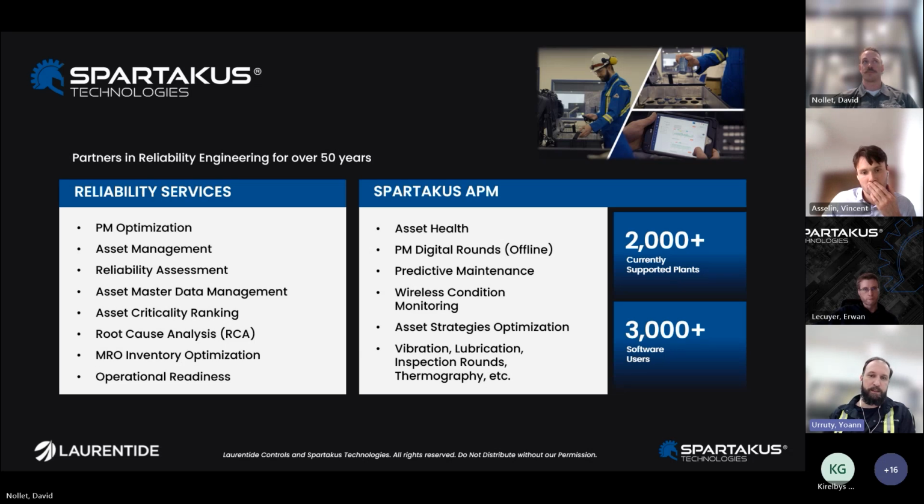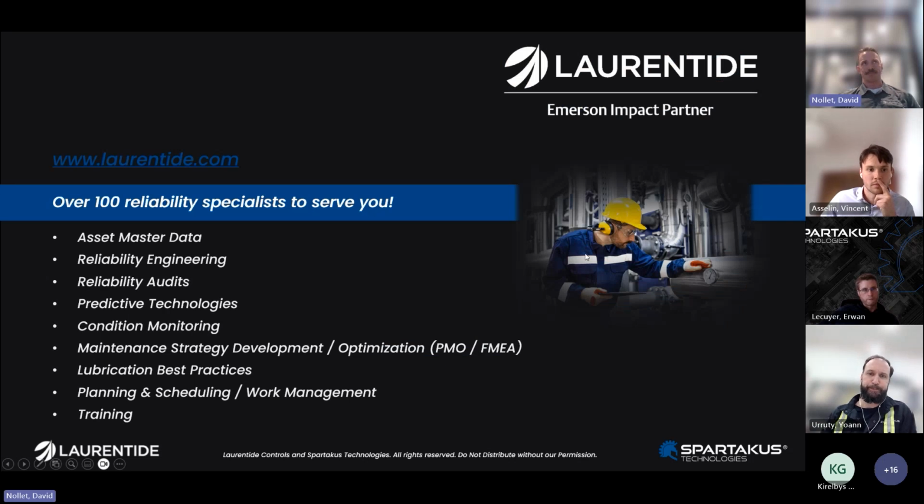Dave, you want to discuss Laurentide Controls? Sure. Very briefly. So Laurentide Controls is what's called the Emerson Impact Partner, which means that North America is split up into a bunch of territories, and in our territory, we are the exclusive product and services provider for Emerson products. And that is kind of what led Laurentide to develop a rather large reliability team.